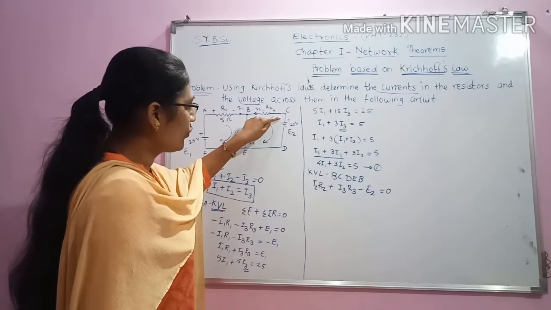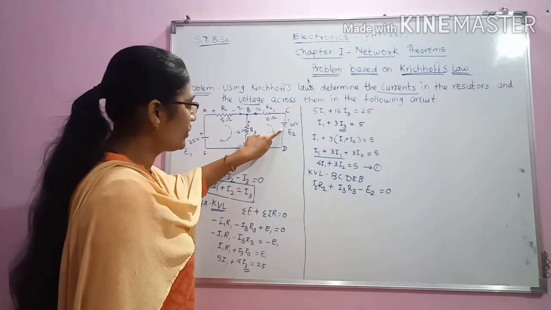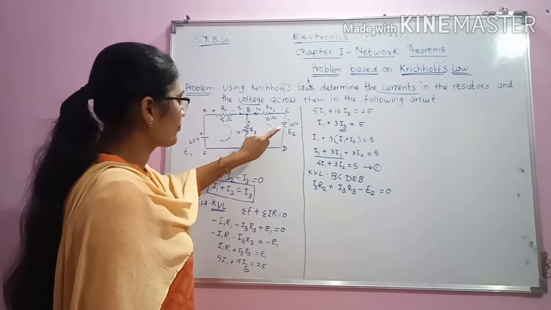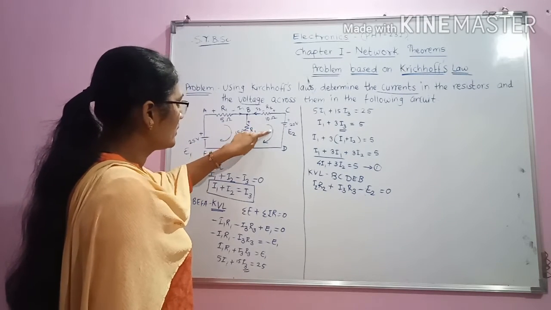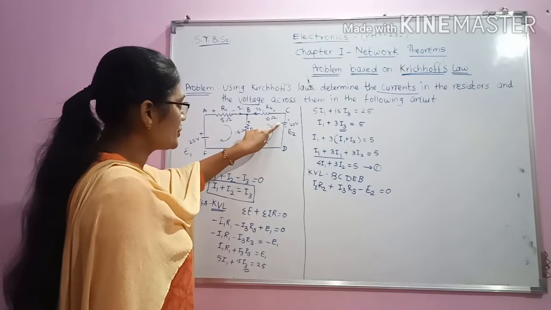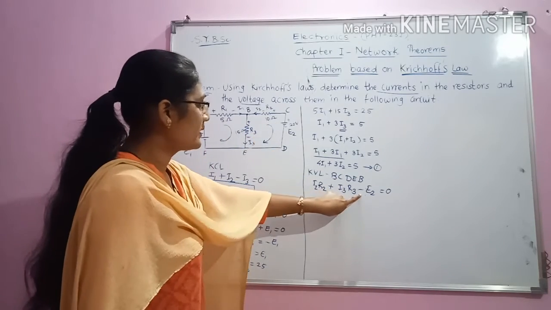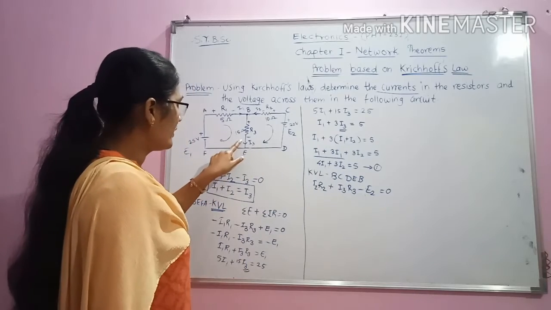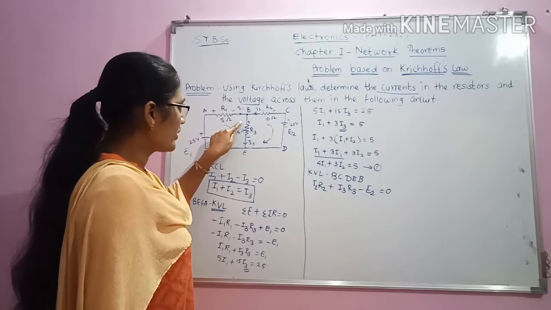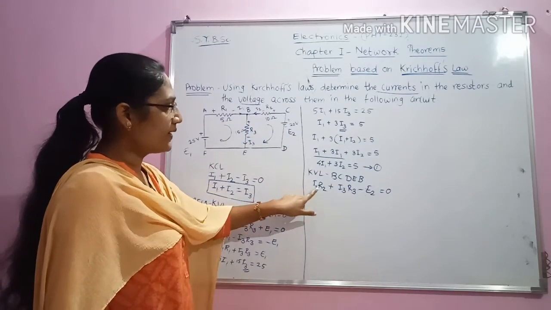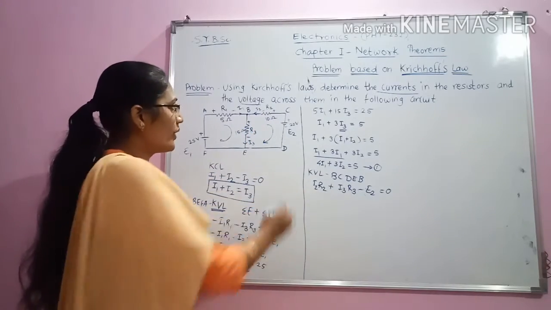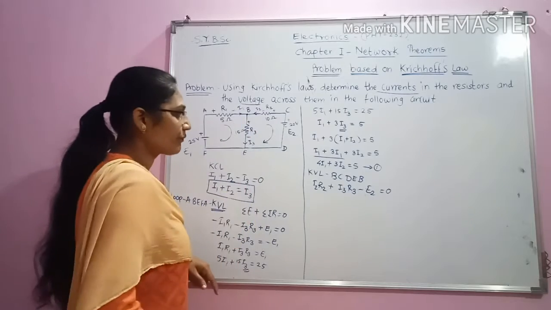Here we are moving from positive to negative, hence negative sign. Here, in the opposite direction of current, hence positive sign. Opposite direction of current, hence positive sign. We have to trace like this.